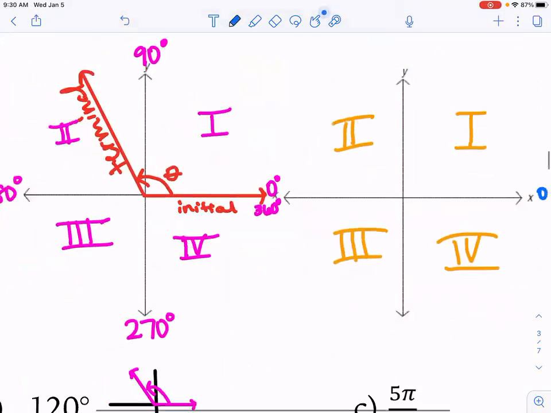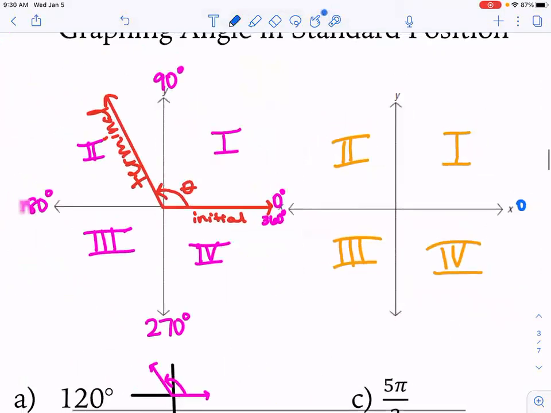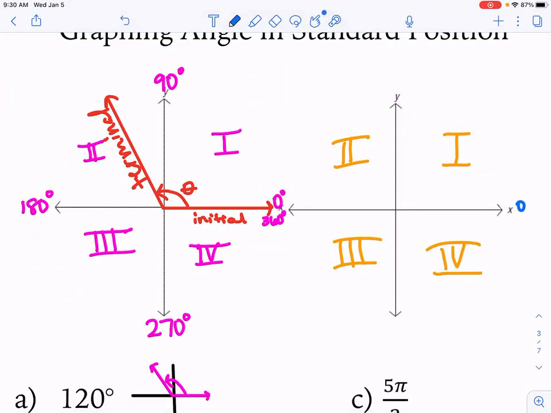What did we say 180 degrees was the same as? Pi. All right. So this measurement right here is pi, which means this measure at 90 degrees would be what? Half of it. Write that in half.